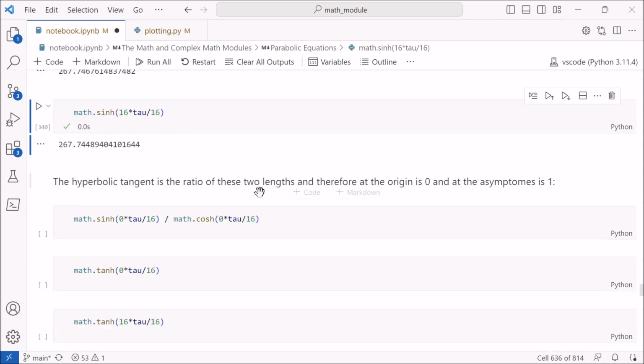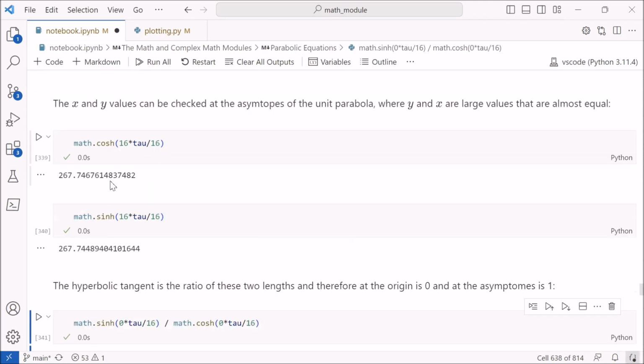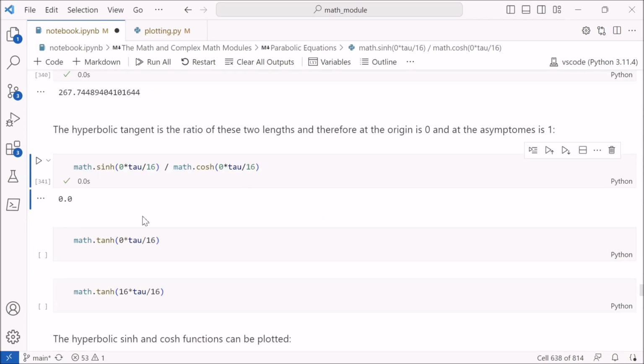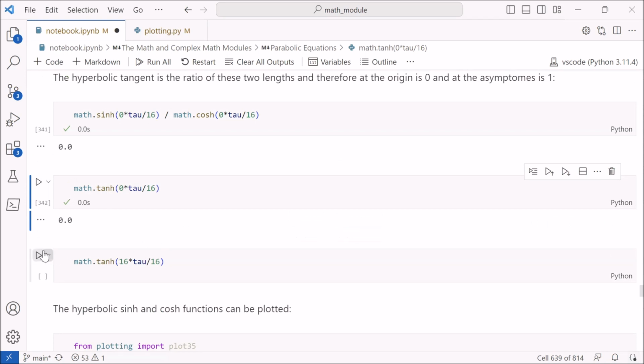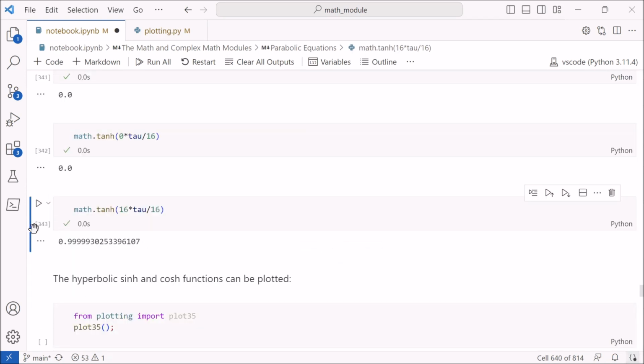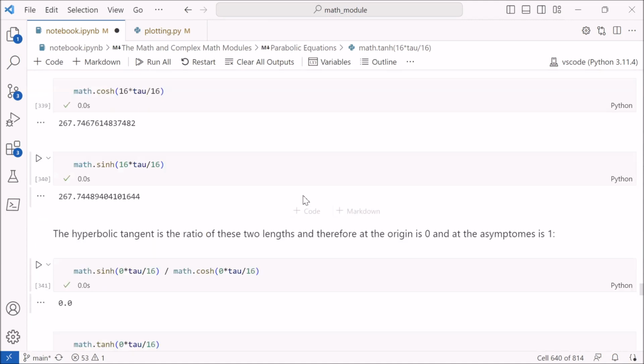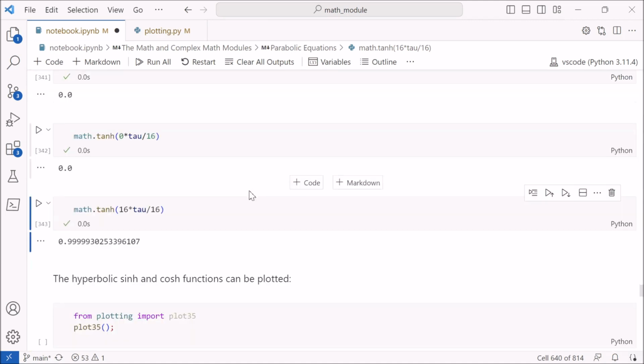The hyperbolic tangent is the ratio of these two lengths. And at the origin it's going to be 0 because it's 0 divided by 1. And towards the edge it's going to essentially be 1 because both lengths are pretty much identical.